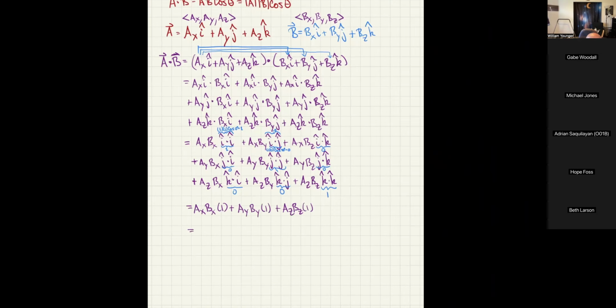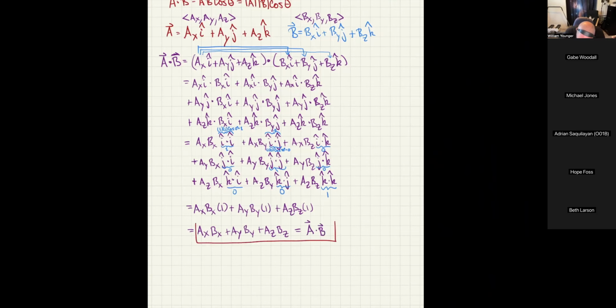There's no reason to write those ones there, so it's just ax bx plus ay by plus az bz. So that's another formula for the dot product. I'm going to go ahead and circle this one off too. So now we have two formulas for the dot product.